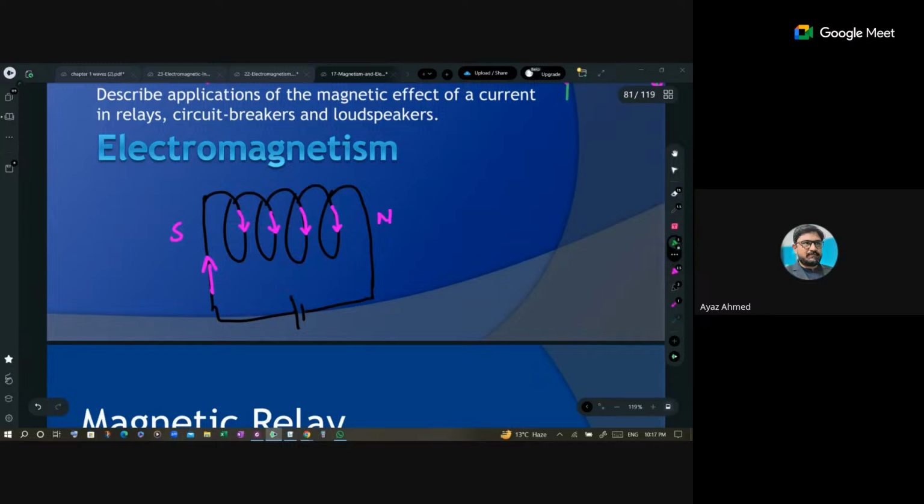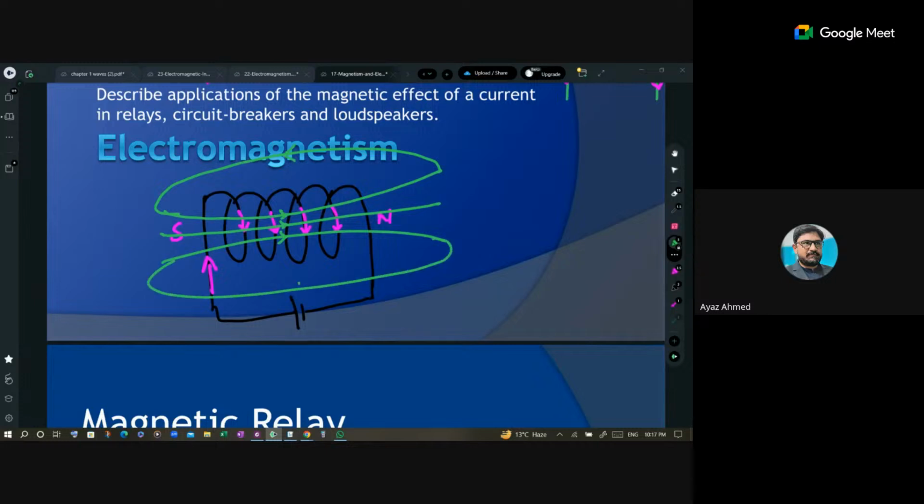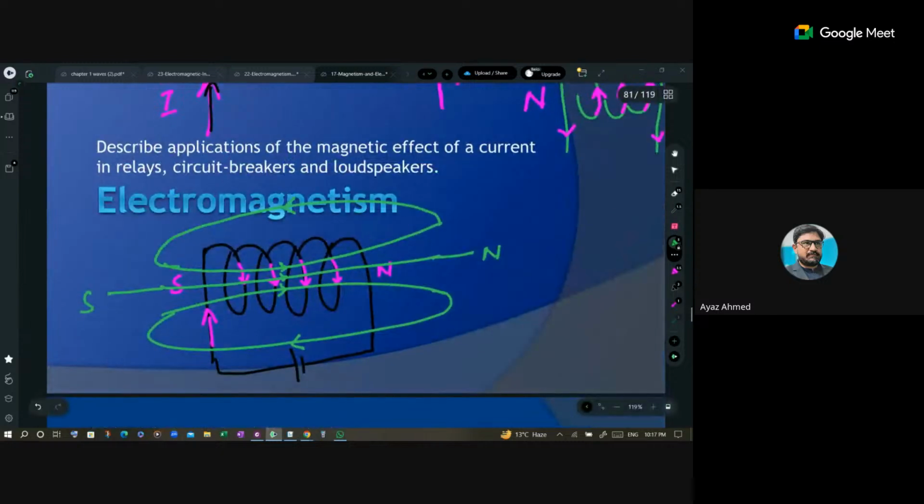If you draw the magnetic field lines now, first draw the central one, then draw the lower one or upper one. And inside, draw the magnetic field lines in this way. And outside, if it is asked, then complete it from north to south this way and leave this central one alone. This is how to draw the magnetic field lines inside a solenoid. Okay, is it clear to all of you?